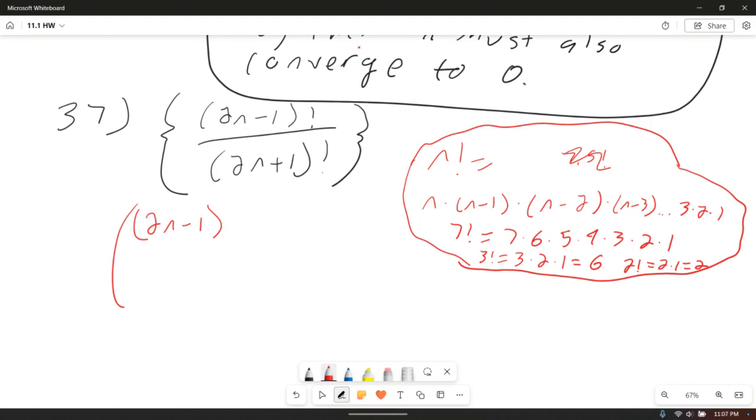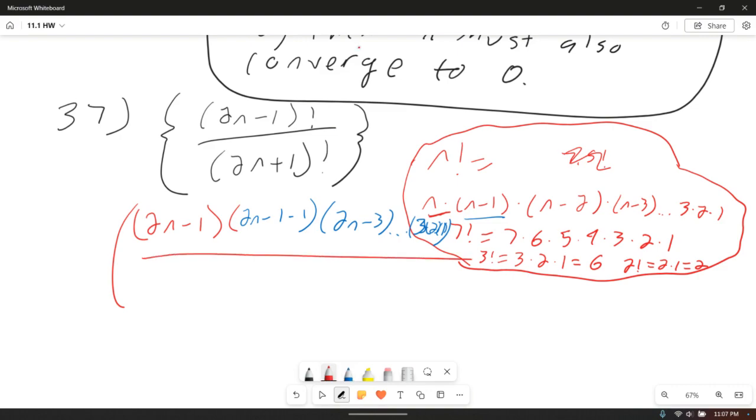It works pretty well for sequences, actually. So 2n minus 1 factorial starts with 2n minus 1, then 2n minus 1 minus 1, which is 2n minus 2, then 2n minus 3, and so on until we get to 3 times 2 times 1, each of these just multiplying.